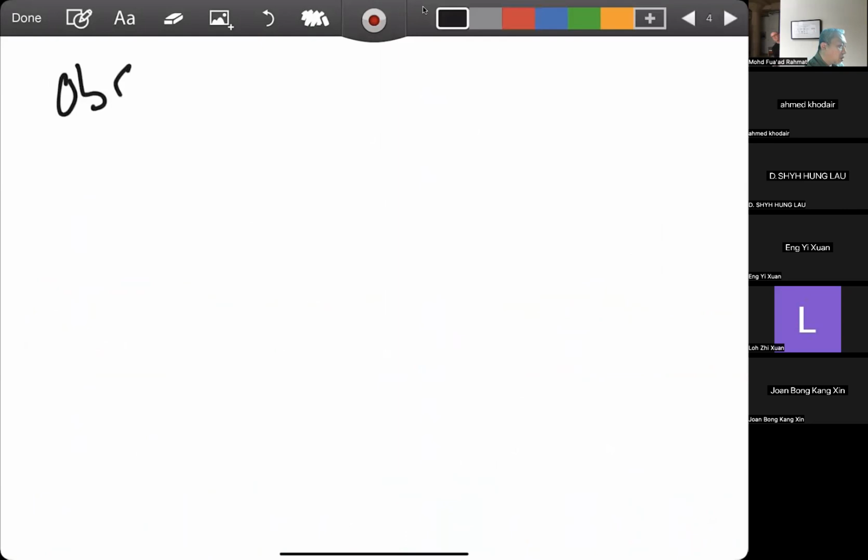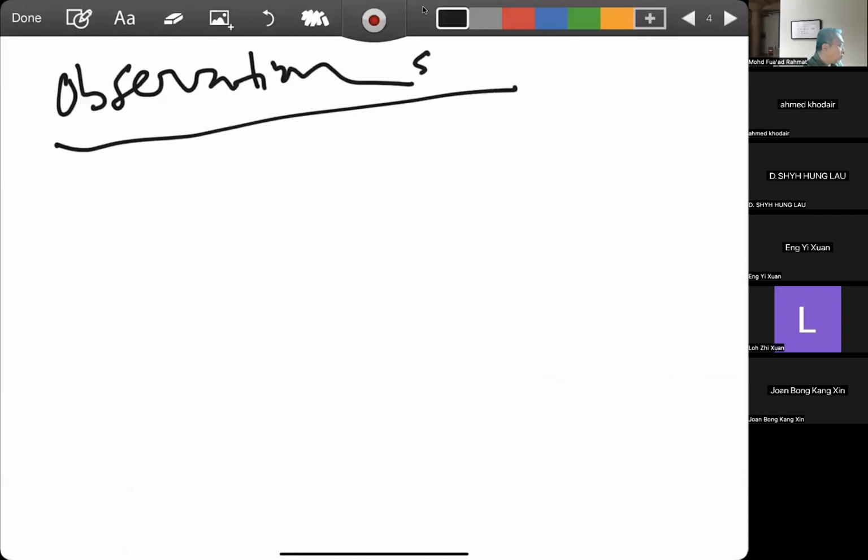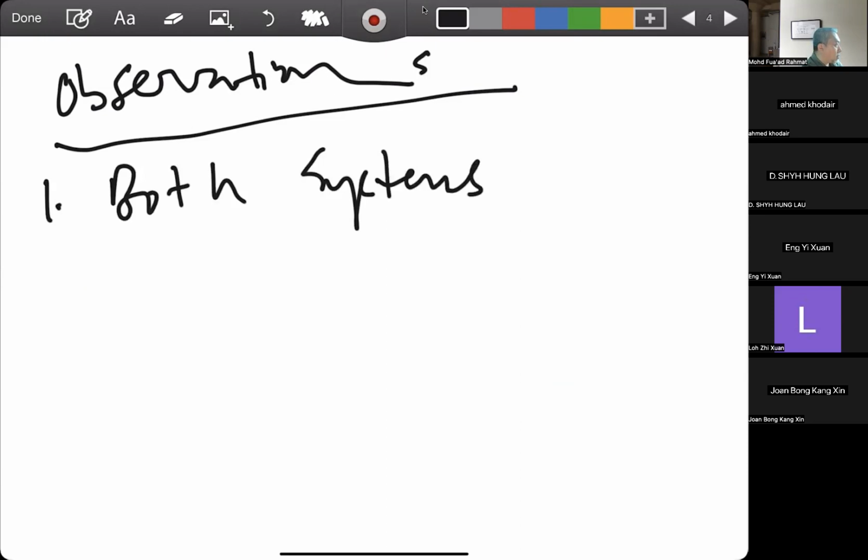This kind is a theory question. You have to give your observations based on the calculation and derivation that you made just now, like I showed you. So you can say that both systems have a similar characteristic equation.